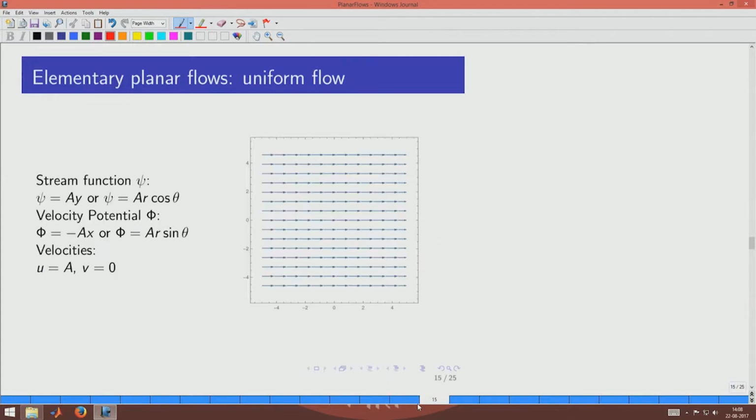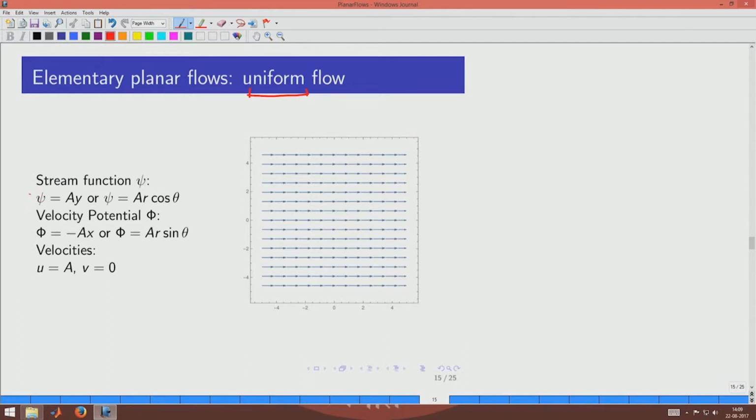We are going to introduce elementary planar flows here. We have those names coming up, and those names and flow patterns are a kind of relationship that we now want to use to describe flow in any arbitrary situation. Uniform flow, as the word immediately implies, means that the velocity is constant and in only one direction, and you could see that uniform flow can be described in this manner.